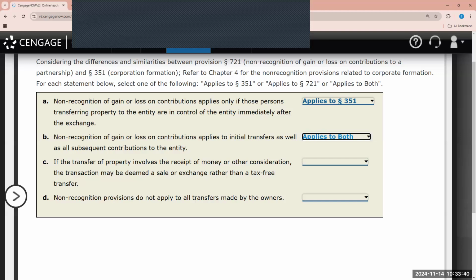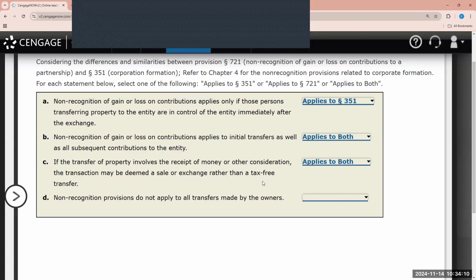So under both section 721 and section 351, if the transfer of property involves the receipt of money or other consideration, the transaction may be deemed a sale or exchange rather than a tax-free transfer. Again, there are some situations where Uncle Sam might decide, hey, it seems as though they are trying to mask it as a tax-free transfer when this is really a sale or exchange.